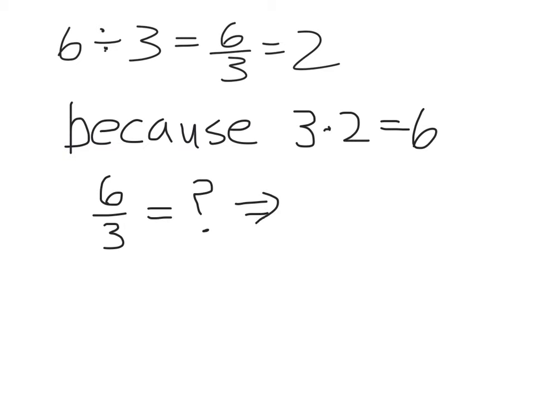Technically, we're really looking at 3 times what will equal 6. So keep that in mind as we throw a 0 in here. And our next example will be 6 divided by 0.